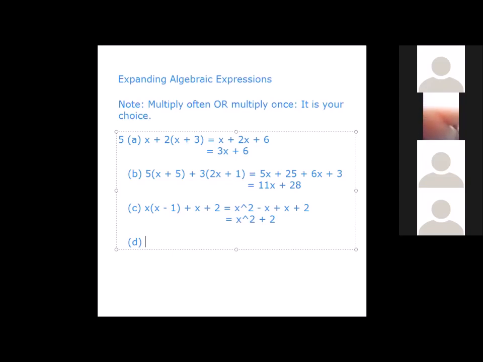Last example. Negative 3 parenthesis x squared plus 2x minus 3, close parenthesis. Again, negative 3 parenthesis x squared plus 2x minus 3, close parenthesis.